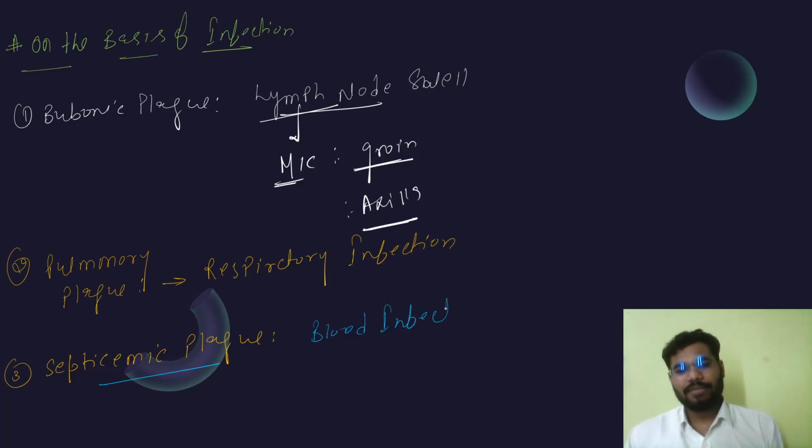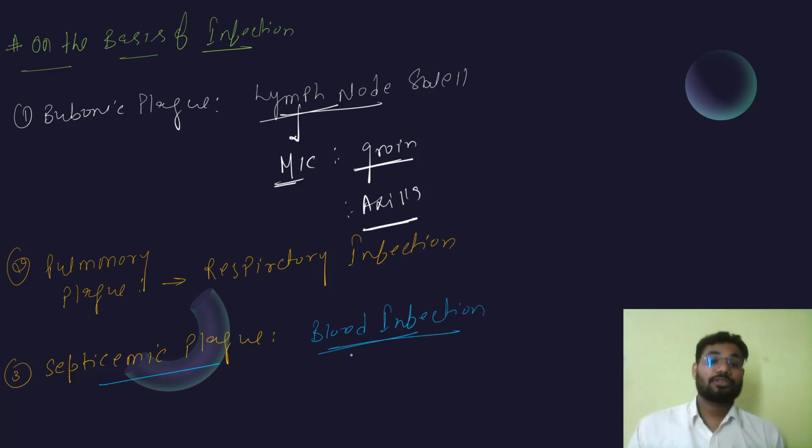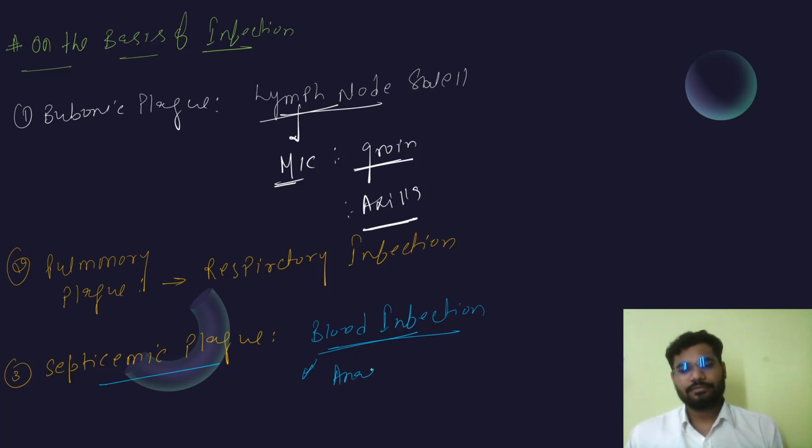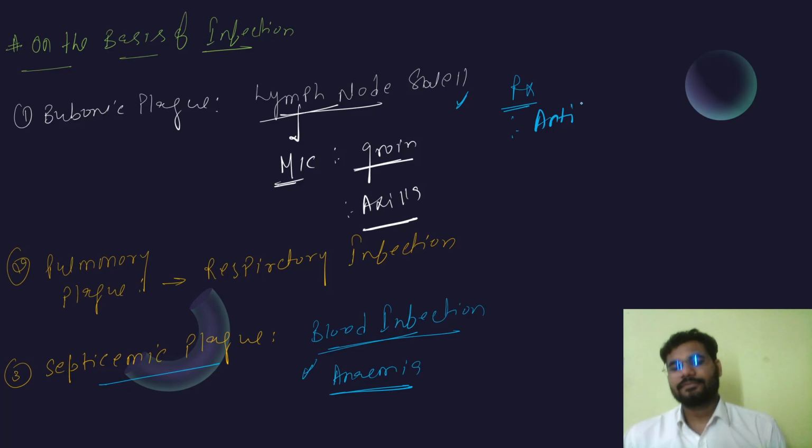Whenever there is a blood infection, we know that there can be anemia. Destruction of RBC may happen, so that can lead to anemia. So anemia is one of the major symptoms here. So that is a little about plague. If I talk about treatment, the last, then we know that treatment is antibiotics.